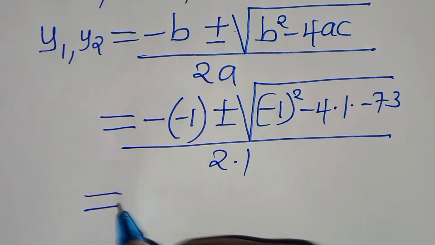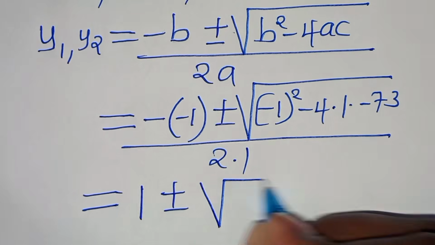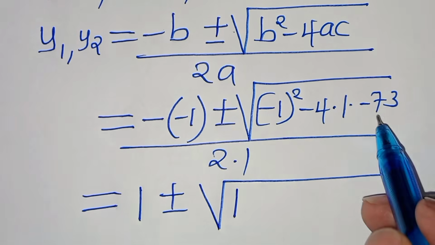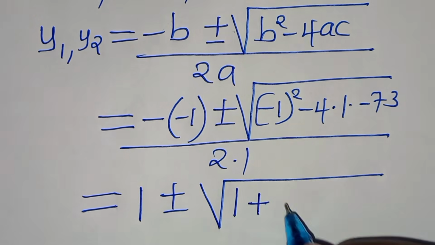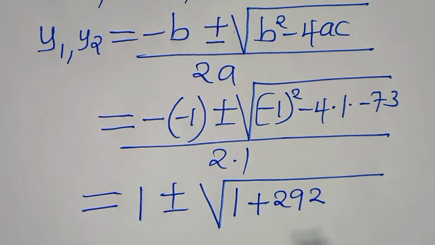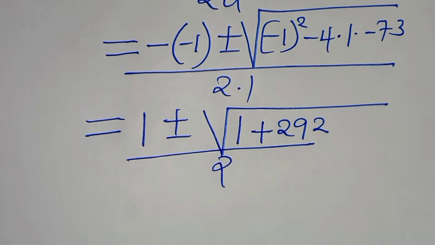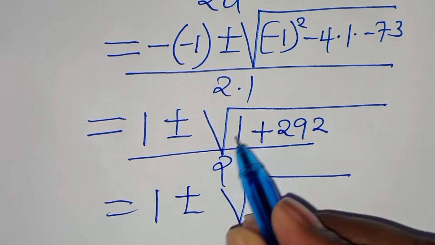So this is equal to minus times minus 1. This is 1 plus or minus the square root of minus 1 square. This is 1 minus 4 times minus 73. This is equal to plus 292. Then divided by 2. So this is equal to 1 plus or minus the square root of 1 plus 292.